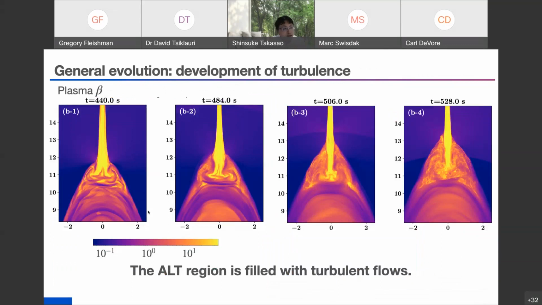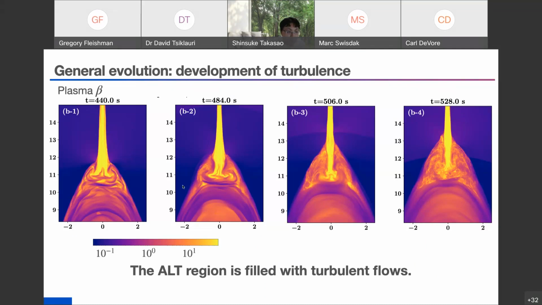These panels show the development of turbulence in the ALT region. The color shows the plasma beta. This is an image just after the formation of the plasmoid. The narrow jet is impinging on the ALT region, and we still see the coherent structure.